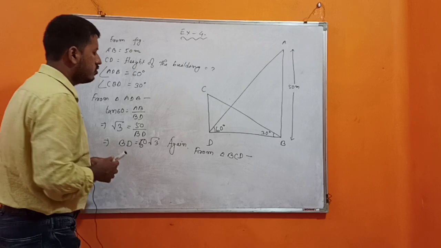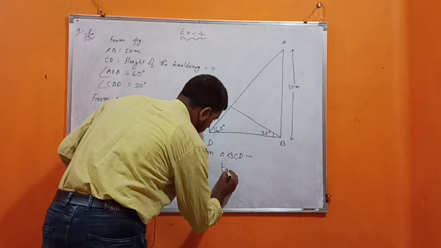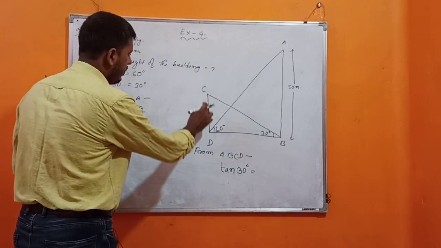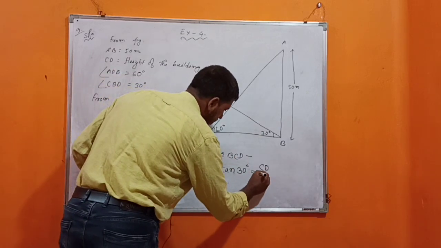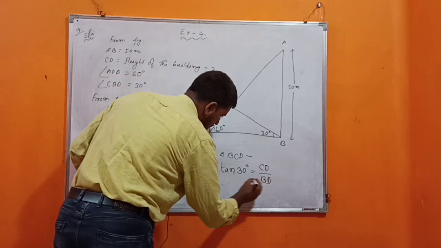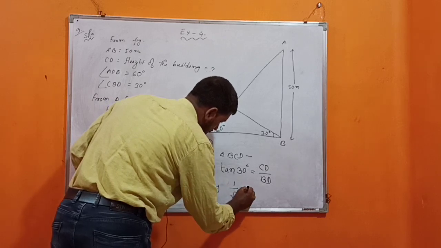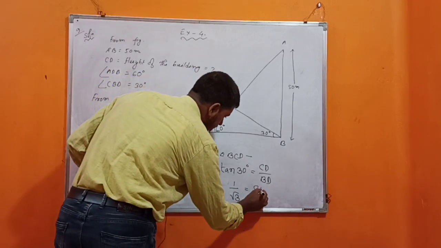Okay. So now I am writing from triangle BCD, tan 30 equal to, we all know, perpendicular by base, that is CD by BD. Tan 30 we know is 1 by root 3, and we are going to find CD, so CD will remain as CD.